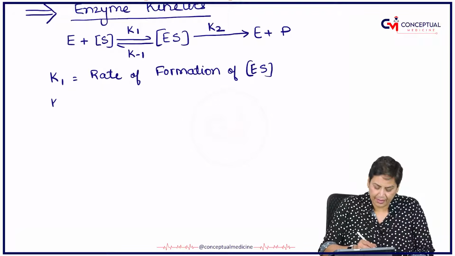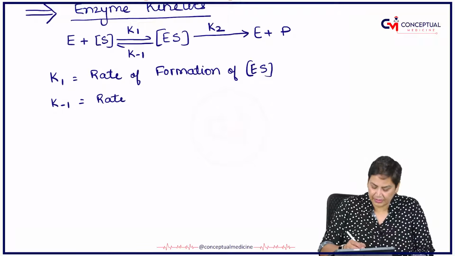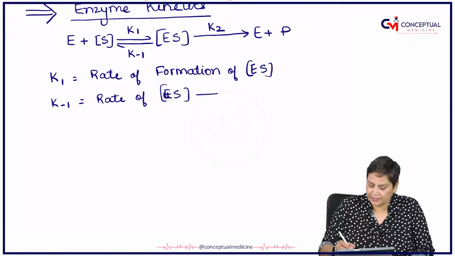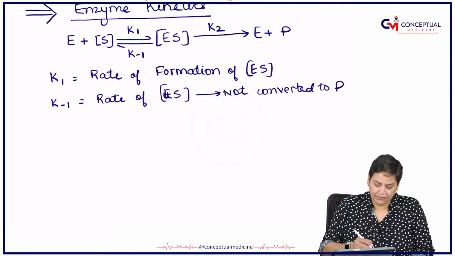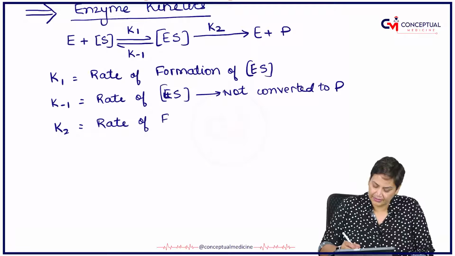K minus 1 is the rate of dissociation of ES, or you can say the rate of ES which is not converted into product. And K2 is the rate of formation of product.